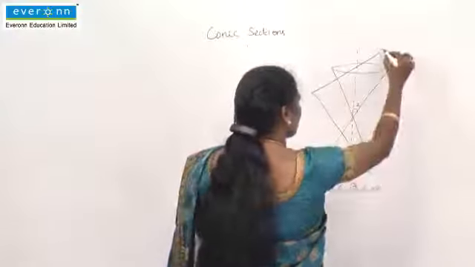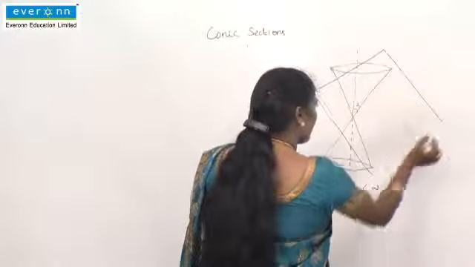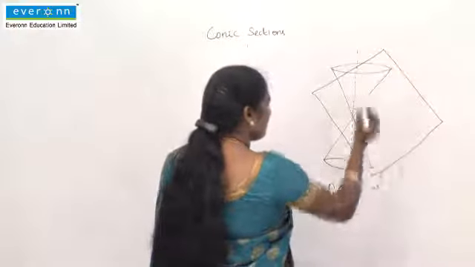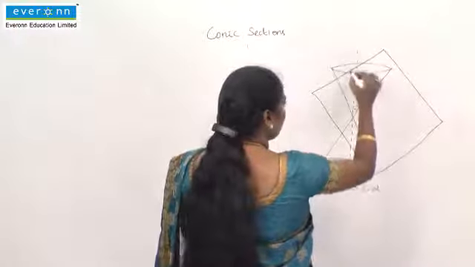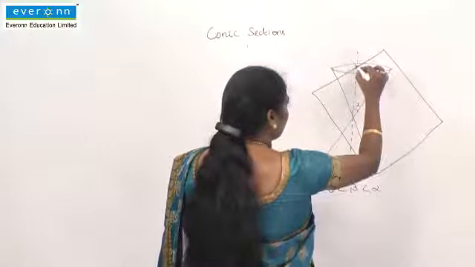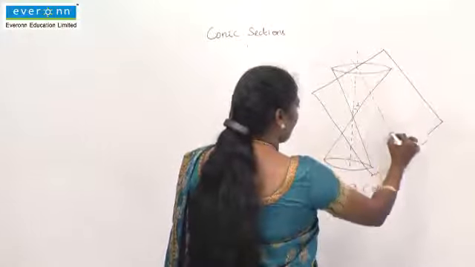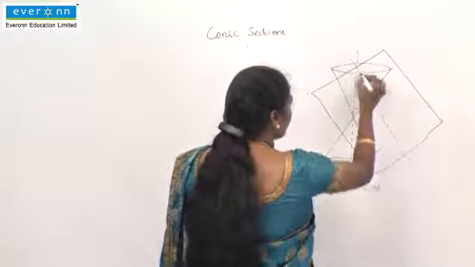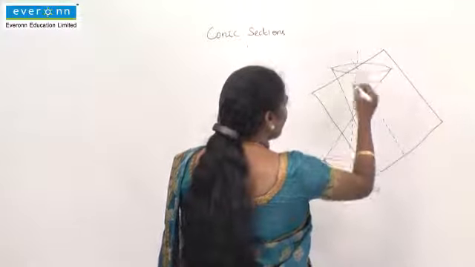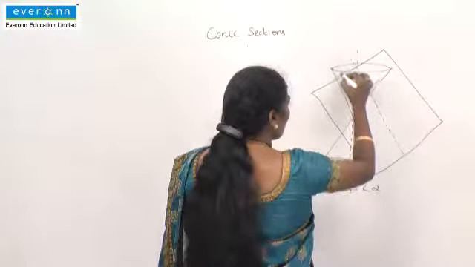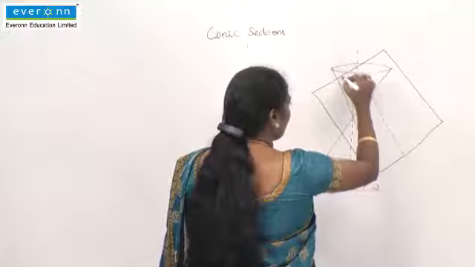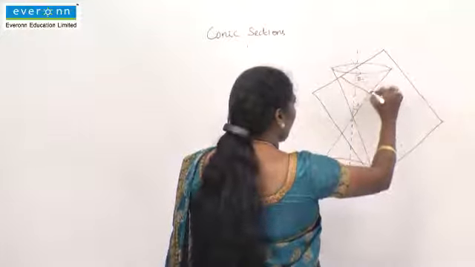In this case, what is the conic that we get? Here this is the angle beta. So, in this case the conic obtained is going to be a hyperbola.